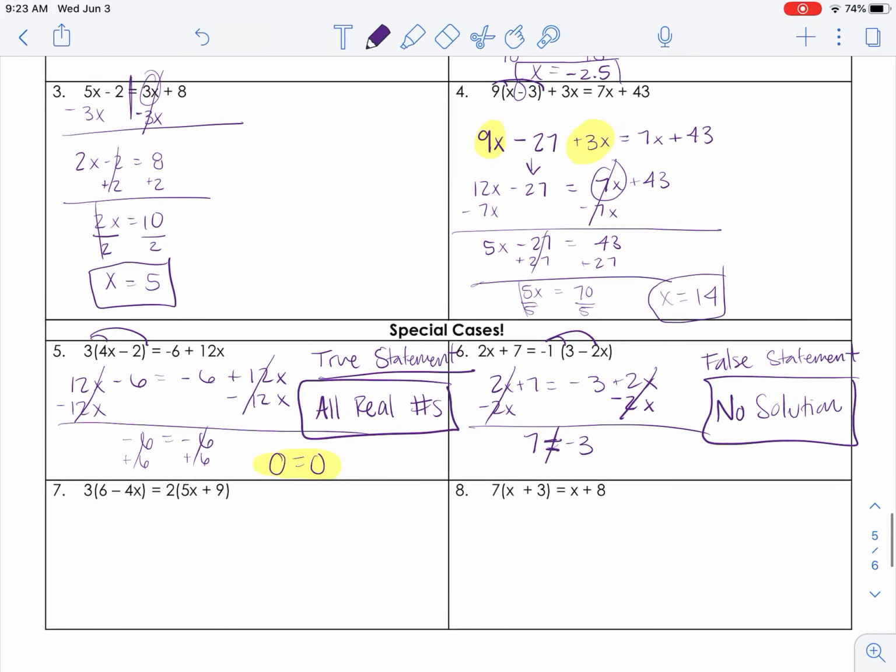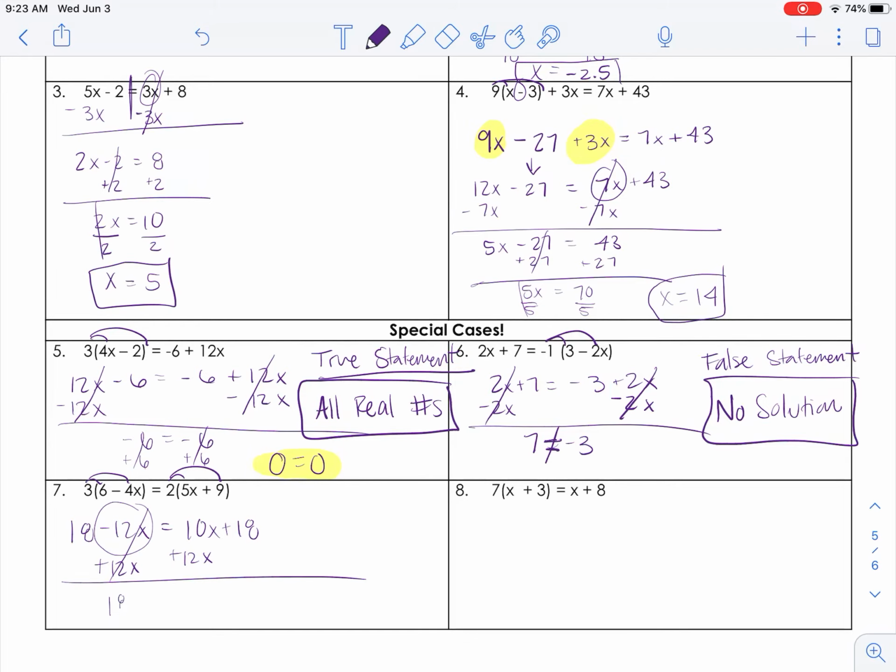So let's look at some others. Number 7, if we distribute, it's going to be 18 minus 12x equals, if we distribute there, 10x plus 18. We're going to subtract our smallest variable. If we have a negative, I like to move that one over, so I like to add that just to keep all of our numbers positive.